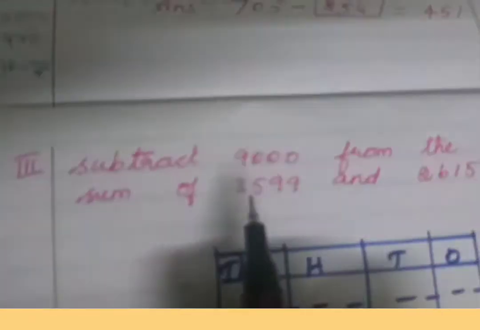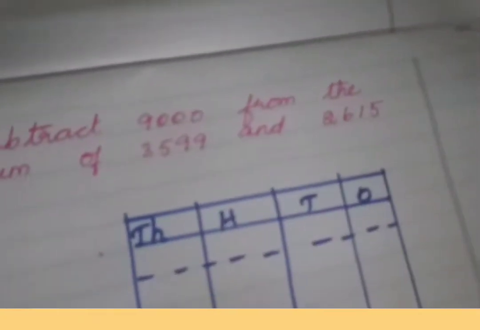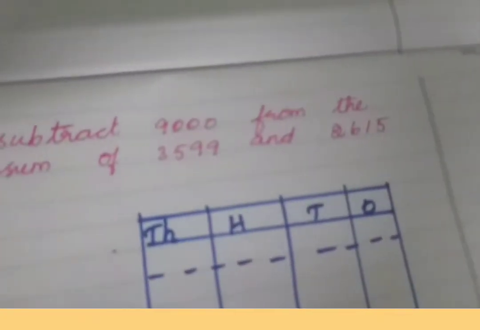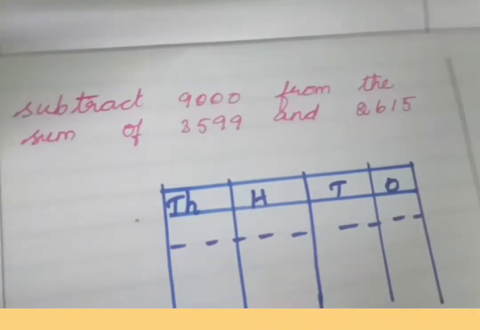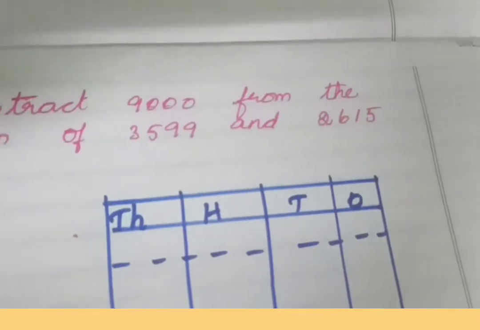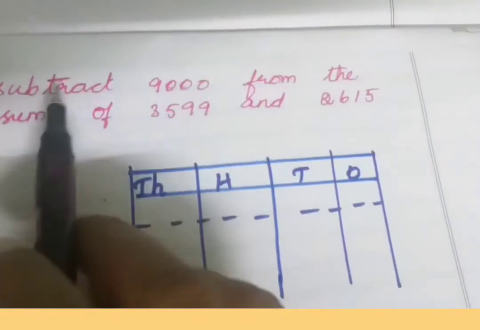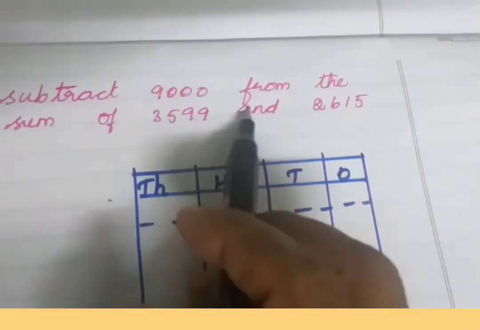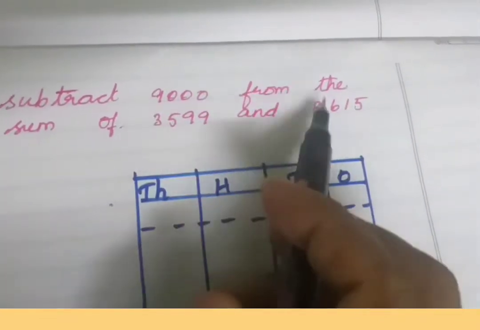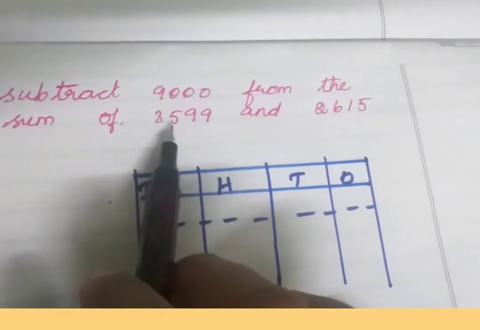And the second sum: subtract 9,000 from the sum of 3,599 and 2,615. Here, subtract from the sum of means first of all you have to add.